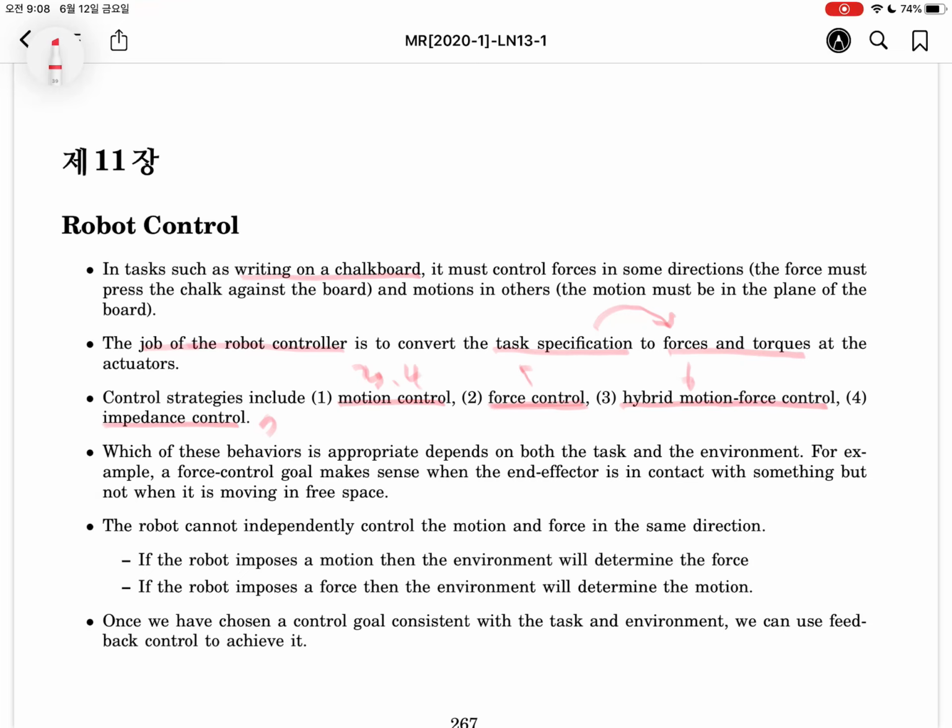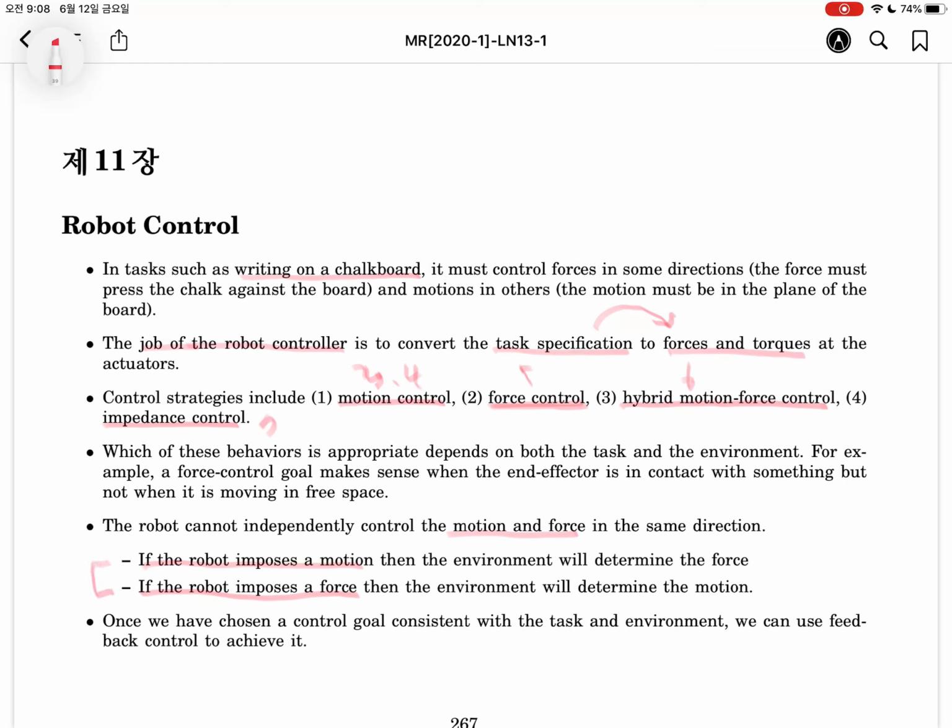Okay, you should keep in mind, the robot cannot independently control the motion and force in the same direction. It means if the robot imposes the motion, then the environment will determine the force. On the other hand, if the robot imposes the force, then the environment will determine the motion.